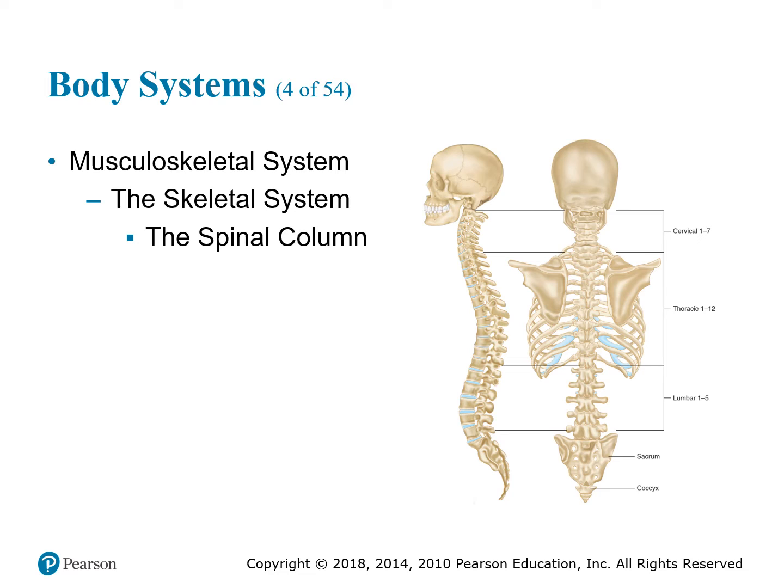We have 12 thoracic vertebrae. We have 5 lumbar vertebrae. They're not giving you a number, but I'll give you a number. We have 5 sacral vertebrae that are all fused, and we have 4 coccygeal vertebrae.